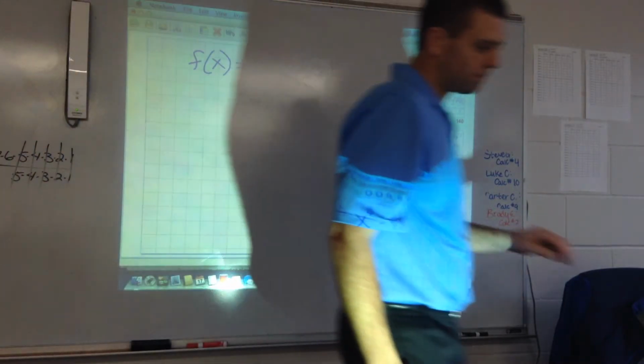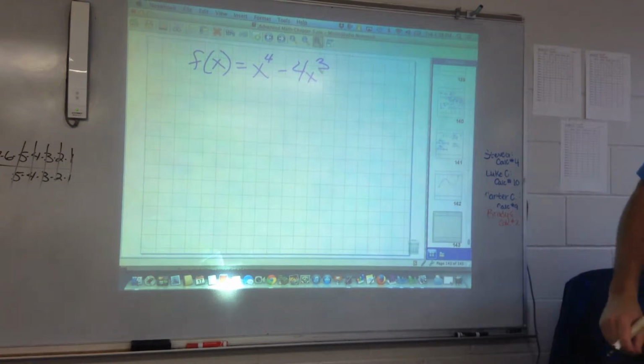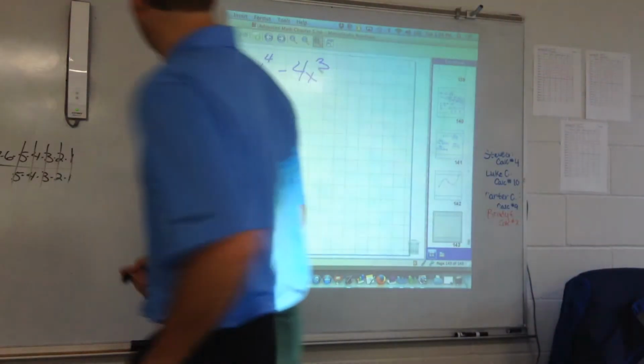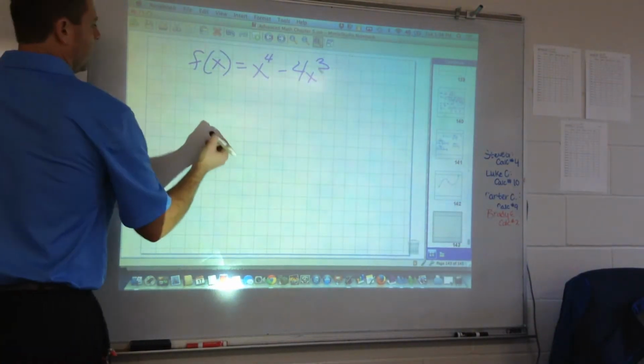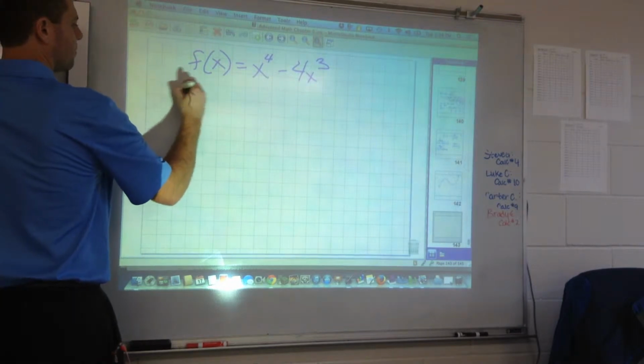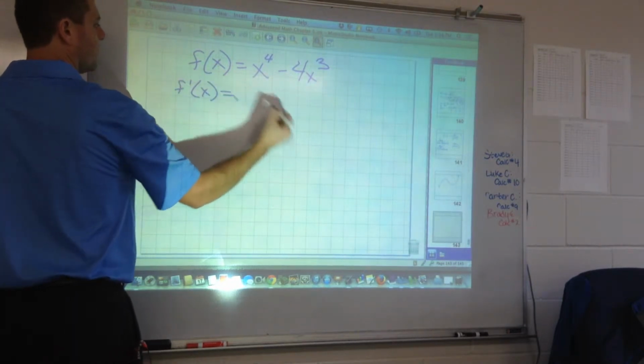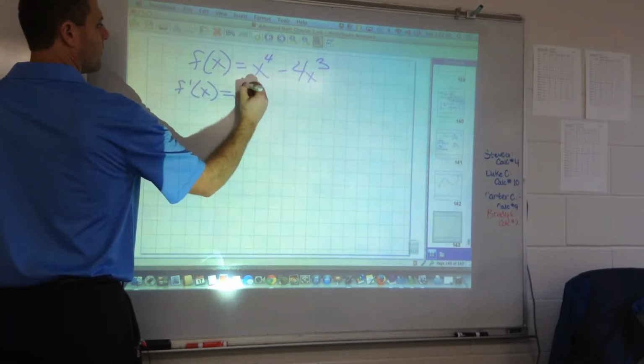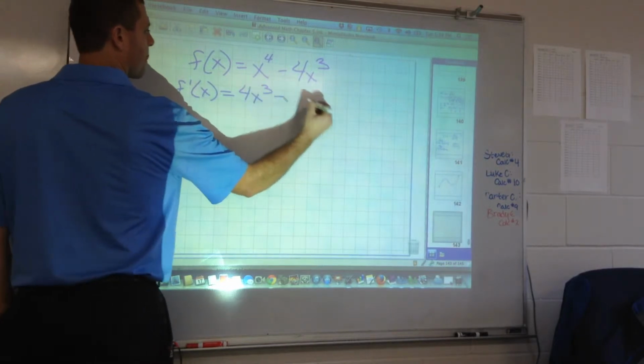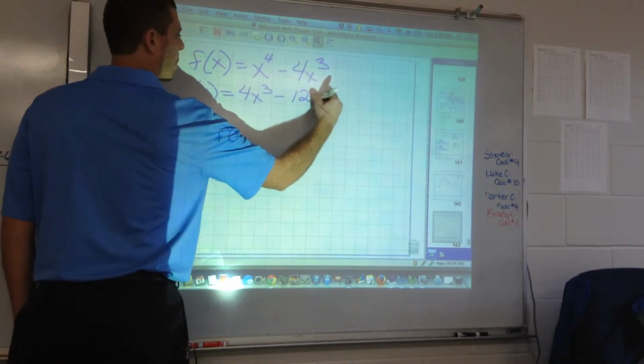0 and 2. In this case, our first derivative would be 4x to the third minus 12x squared.